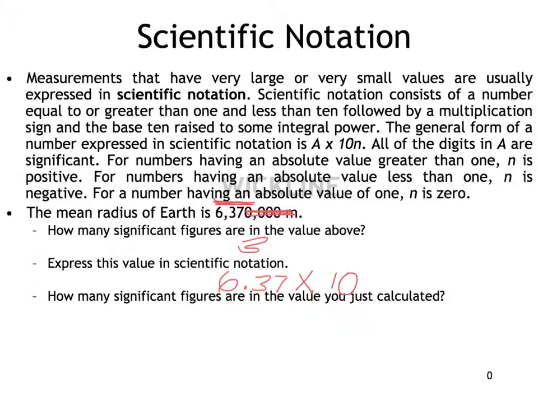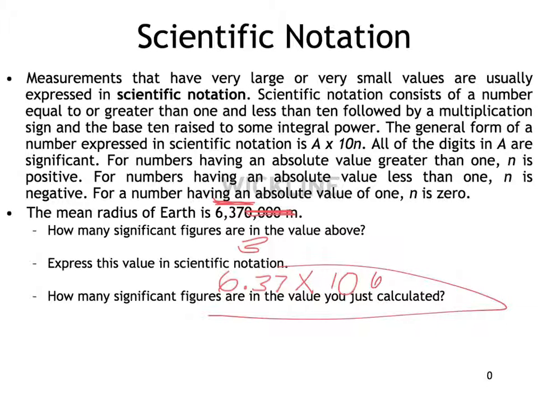But to the what is going to depend on how many spaces you move the decimal. So the decimal was sort of invisibly right here, and it looks like we moved it 1, 2, 3, 4, 5, 6 right there. So it looks like we moved it 6 places to the left. So I'm going to put an exponent of 6 there. So 6.37 times 10 to the 6.